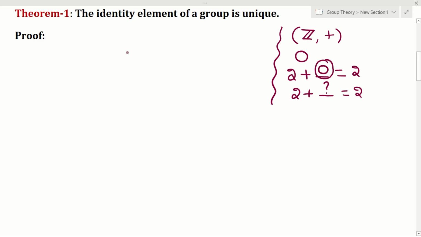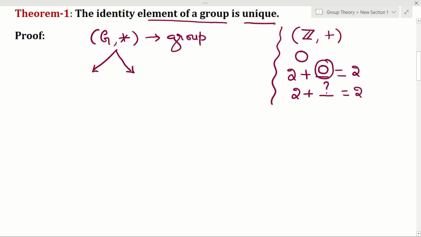We shall prove this one. Let (G, star) be a group, and suppose we have two identity elements. We are proving the identity element of a group is unique. Unique means one and only one.